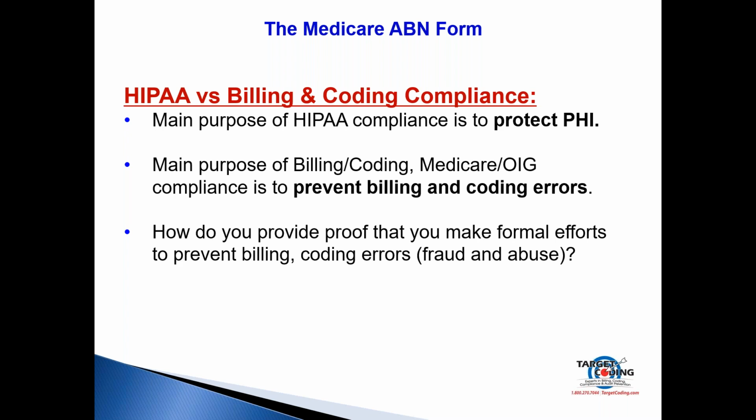The main purpose of OIG compliance, also known as billing and coding compliance, is to prevent billing and coding errors. HIPAA doesn't focus on preventing billing and coding errors. OIG doesn't focus on HIPAA. So make sure you understand the difference between these two.